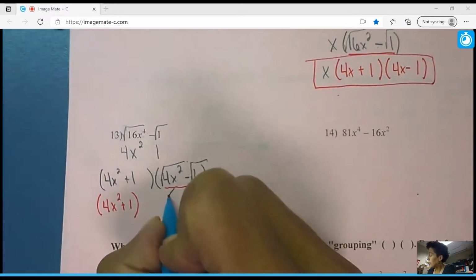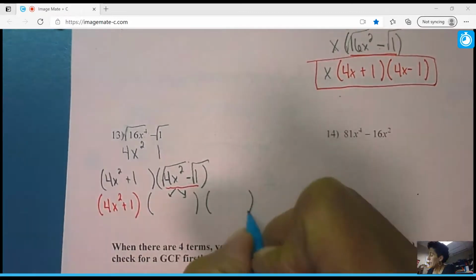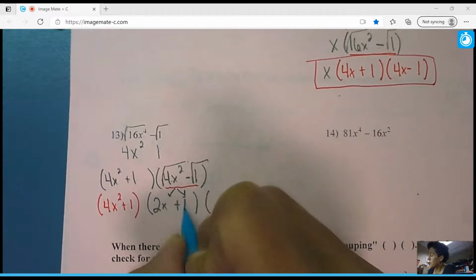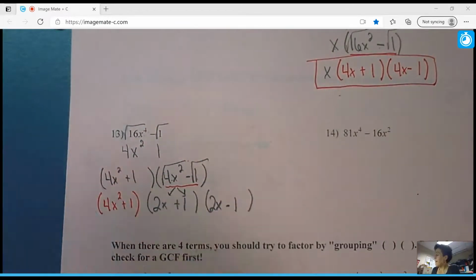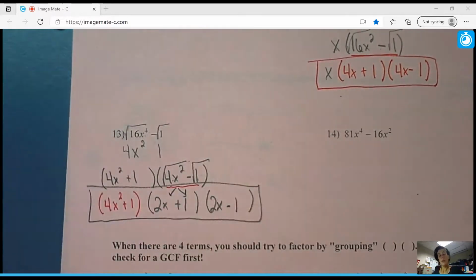So from here, I can get 2 more parentheses, and it will be 2x for this one's square root, and 1 for this one's square root, so 2x plus 1, and 2x minus 1. So you always want to make sure that you're done. And so the one to double check for is there a difference of squares, or did I forget about it?